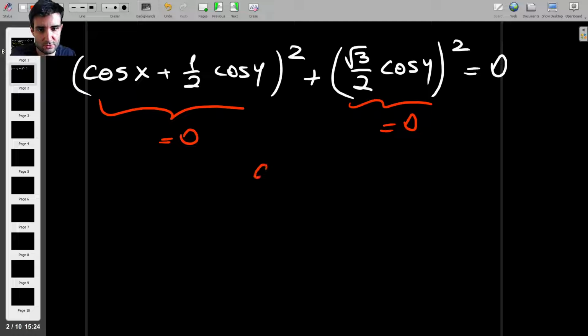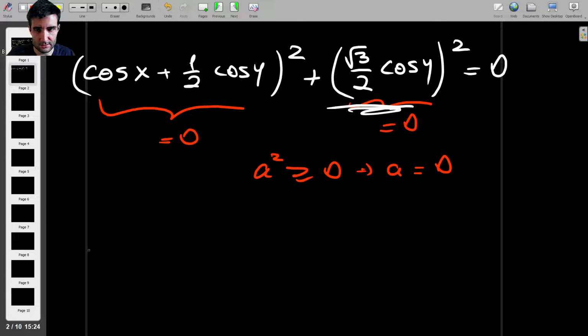Because as you know, any real number, when you square it, you'll get a quantity which is at least 0. And it's 0 when the number itself is 0. Okay, and if we're adding multiple squares and the sum is 0, this is only possible when each individual term is 0.